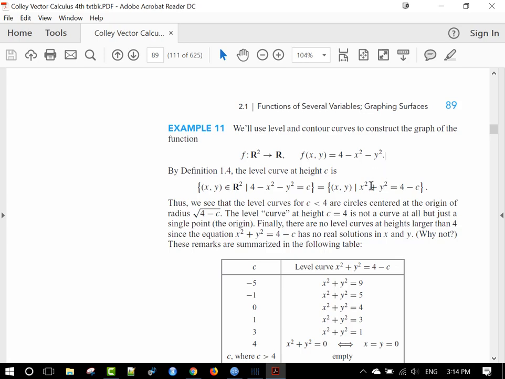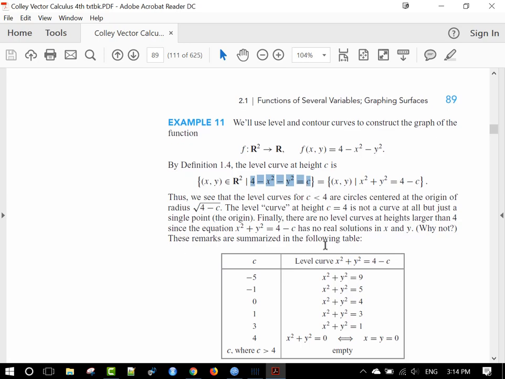So if we set this equal to different values of c, so here, if c equals -5, then what do we get? 4 minus 5 is 9. So we get this equation, x squared plus y squared equals 9. But that's the equation of a circle. That's the equation of a circle of radius, the square root of this, so of radius 3.